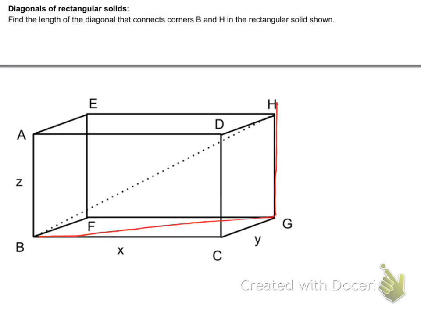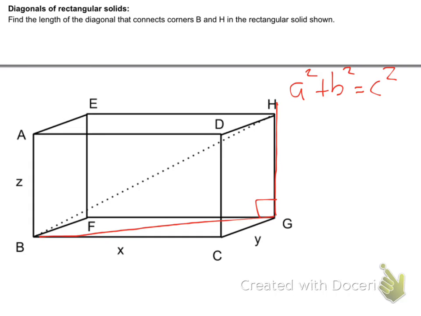That forms what kind of triangle? It's a right triangle. So we form a right triangle, and we know right triangle math. What would that be? A squared plus B squared equals C squared.